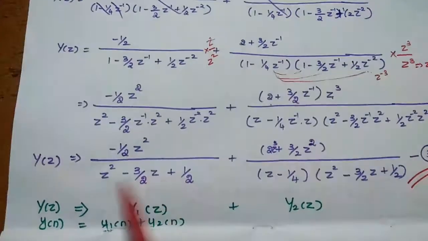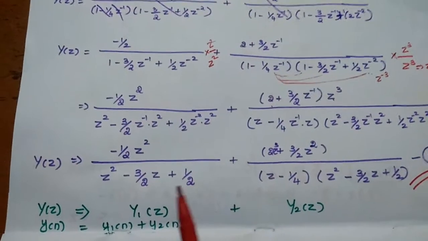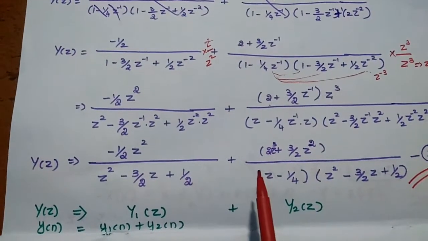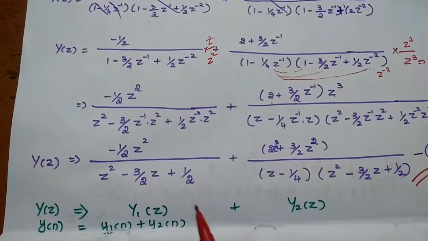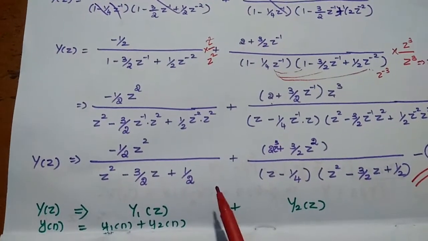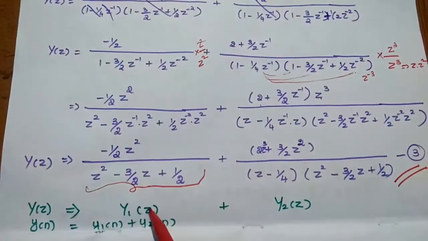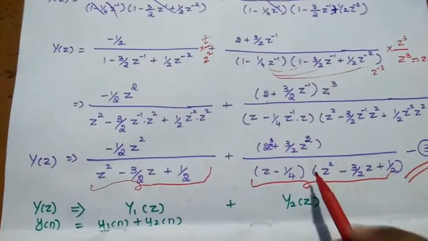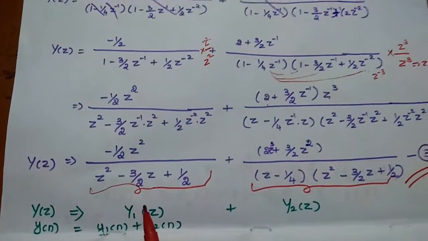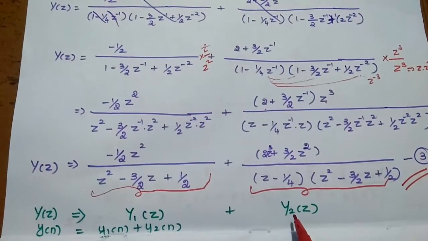So we can consider this as an entirely separate portion. This is an entirely separate portion. Together we cannot solve. Correct? It is a lengthy process. For further simplification, we are going to consider this term as y1 of z, and this term as y2 of z. So y of z is equal to y1 of z plus y2 of z.